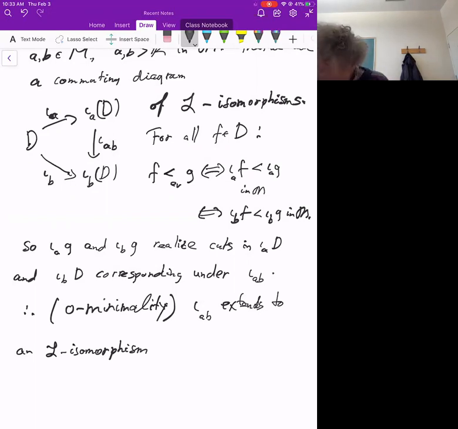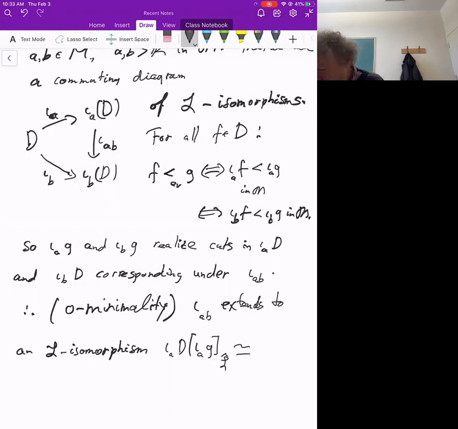Iota a D, where you now adjoin the element iota a g. Let me write here L hat, because we are now close.